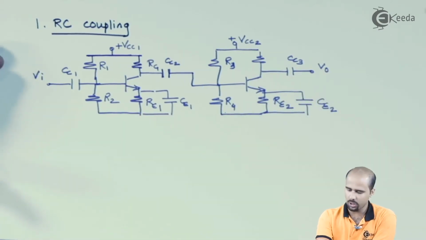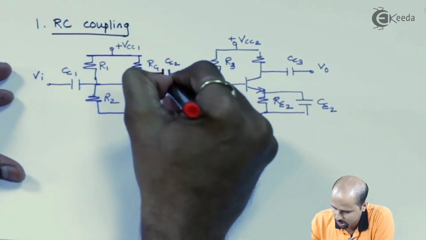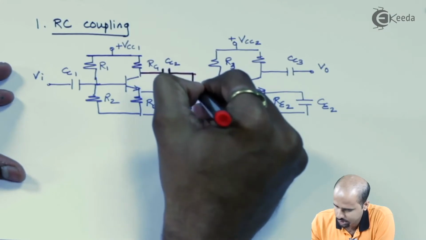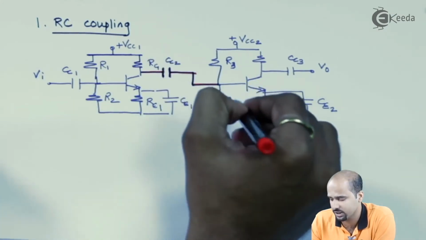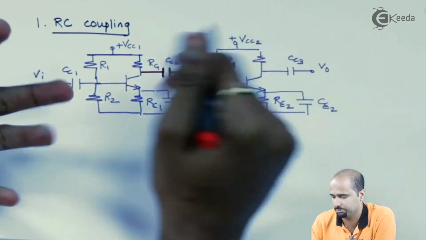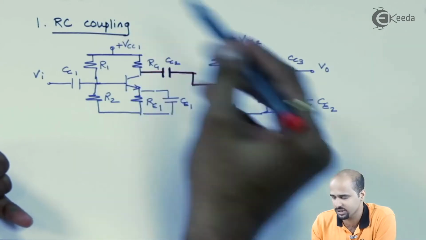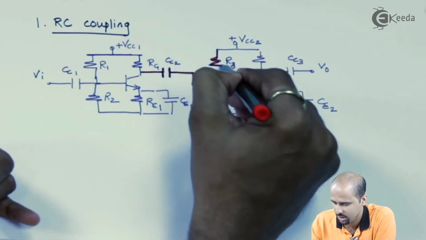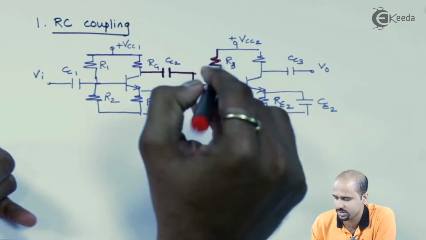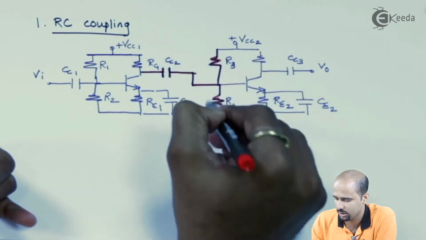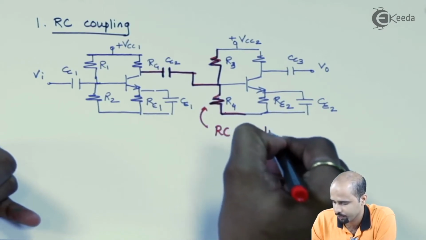So what is the different thing that we have to learn? Coupling is using these two connections. This capacitor is not directly connected to the input of the next stage. Rather, this capacitor along with the shunt resistances R3 and R4 gives the kind of coupling that is called RC coupling.